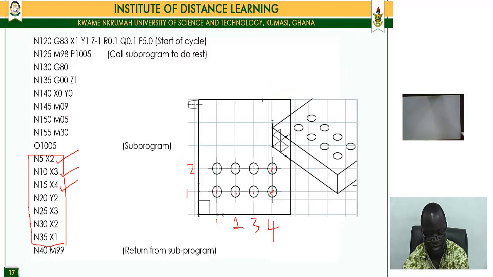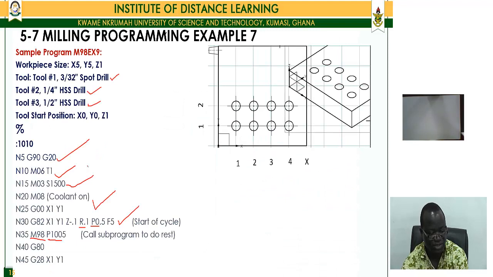Now once that is complete for all the 8 holes, coming back to X1 here, it moves to the next command, which is M99, which tells it to return from the subprogram to the main program.